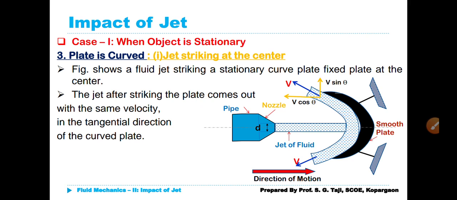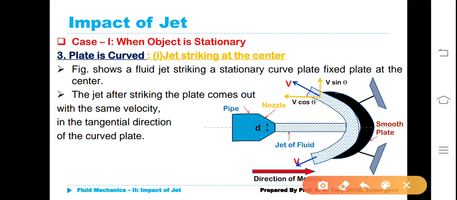Two cases on flat plate are done. Now, plate is curved, jet striking at the center. There are two possibilities. One, when the jet is striking at the center with velocity v. Another case would be when it is striking the curved vane tangentially. That we will see afterwards.